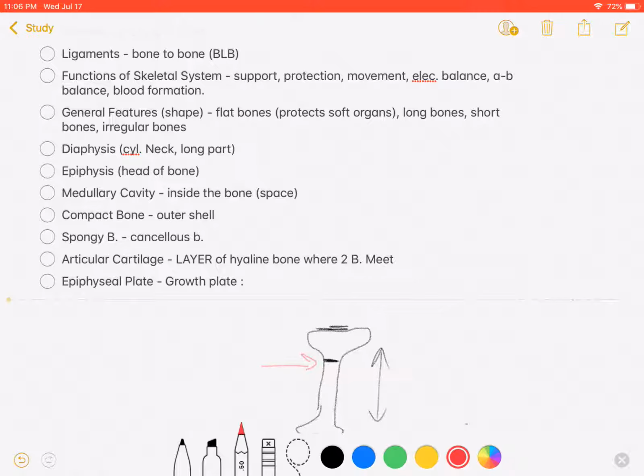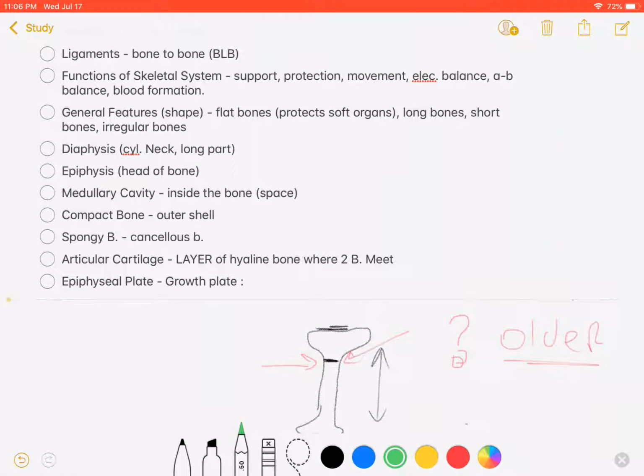So during an exam, you might have a question that says, what type of joints do you have more of as you get older? And your answer is actually going to be a bony joint, and we're going to talk about that in another video, because you first had this growth plate here, but now these two bones actually meet, and you now just have one.